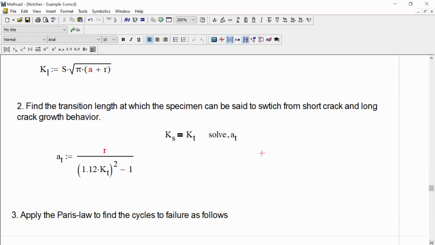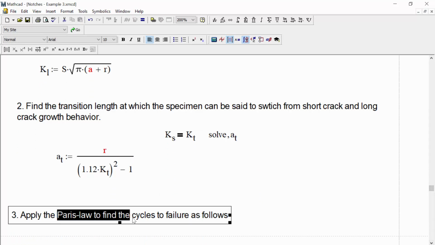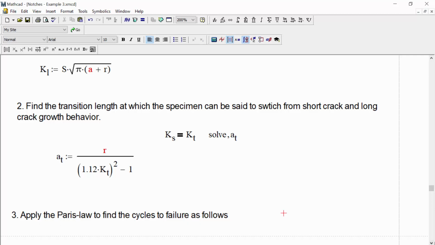Once we've found our a_T, our transition length, we then can go about applying Paris's law to find the cycles to failure.